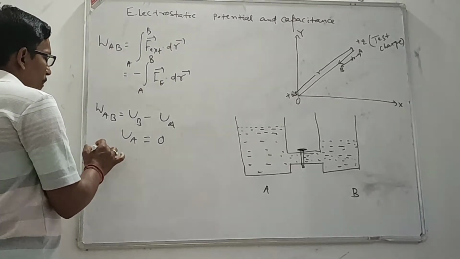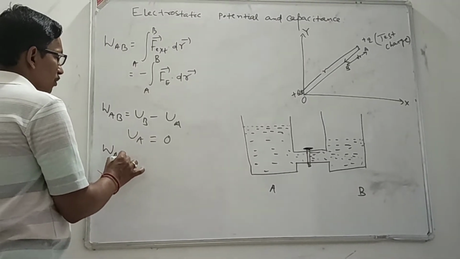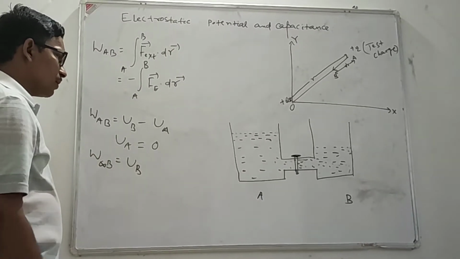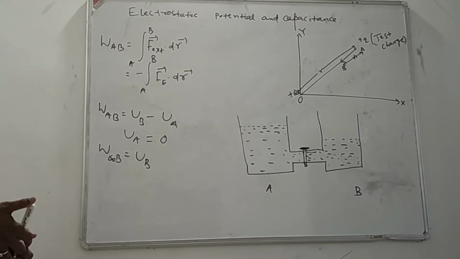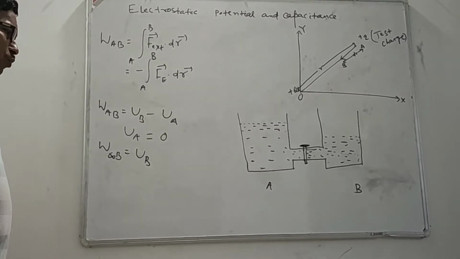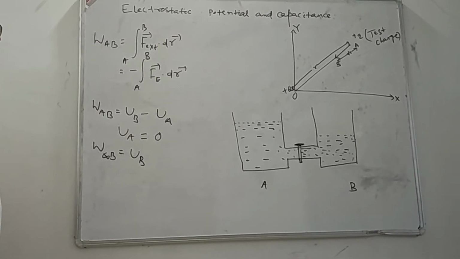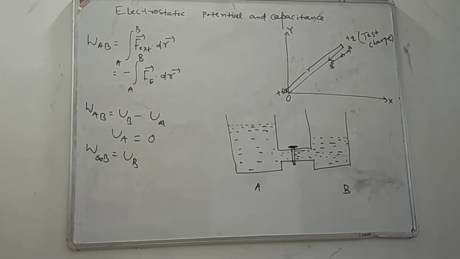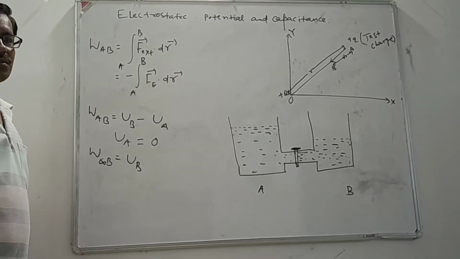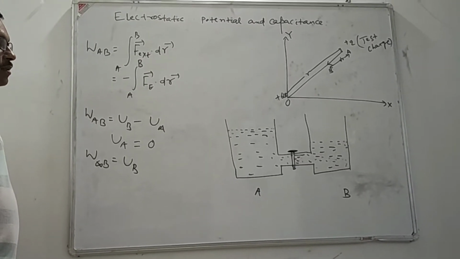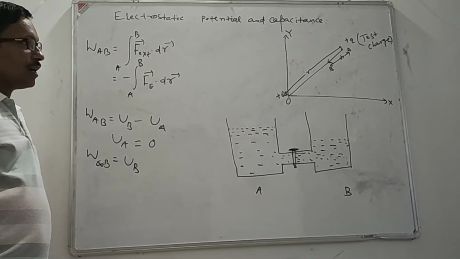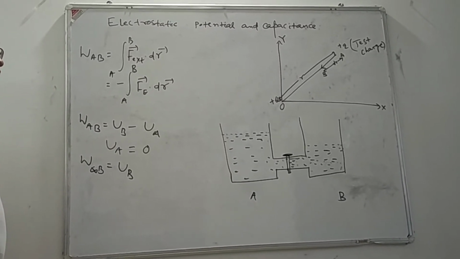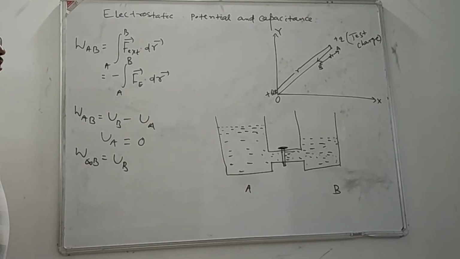So we can write W_AB is equal to U_B, not W_AB, W infinity B. So now we can define the electrostatic potential energy of a charge at a point due to a charge configuration as the amount of work done to bring the charge from infinity to that point against the electrostatic forces without acceleration.